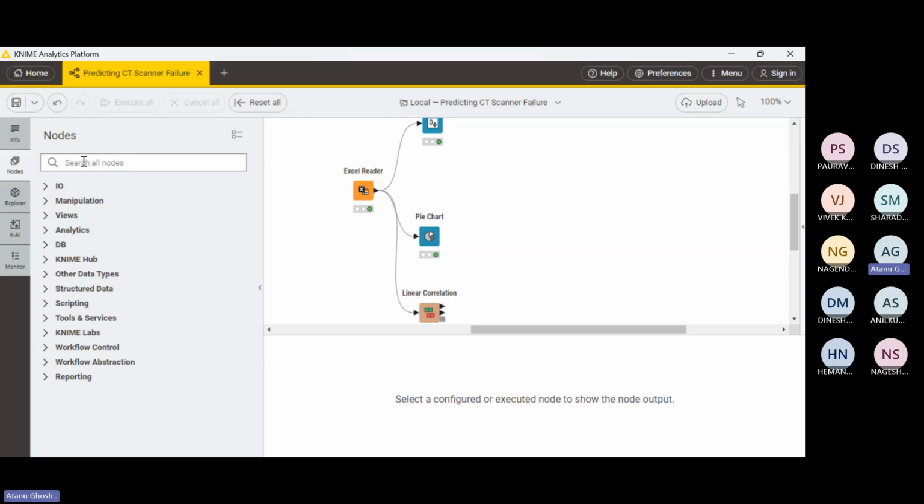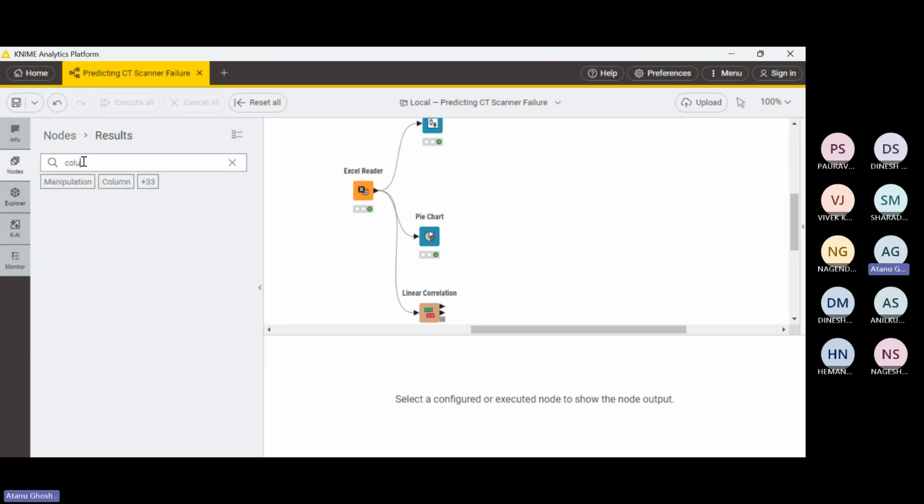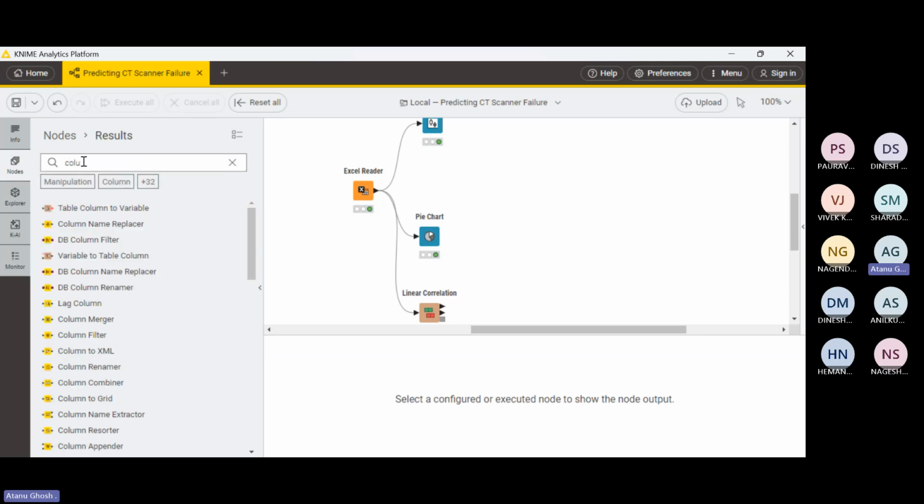We will use this column filter to take away the high cardinality values.